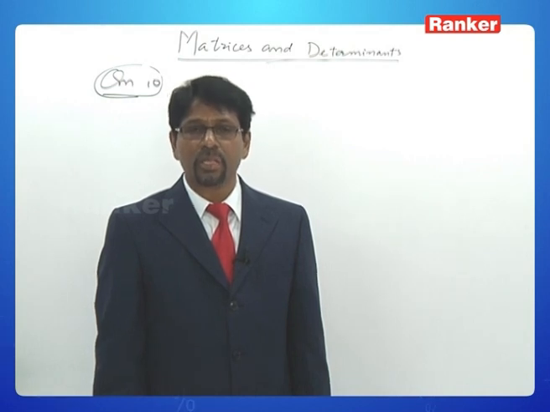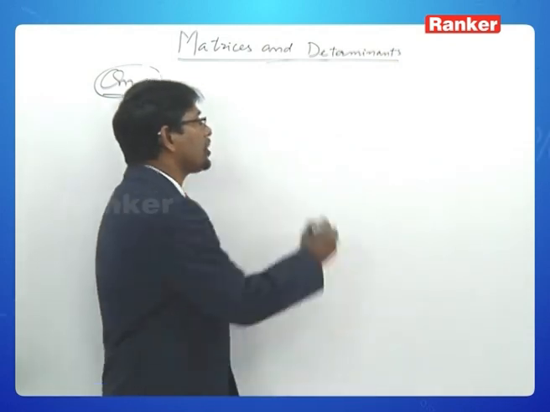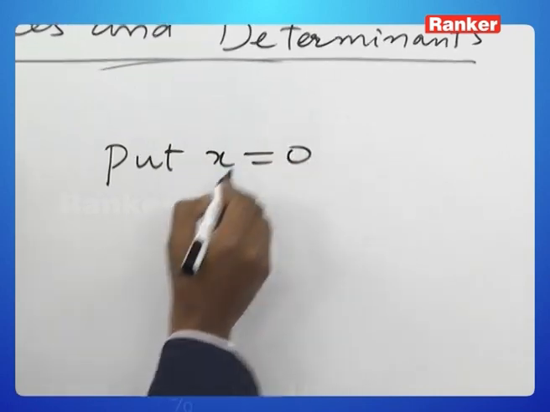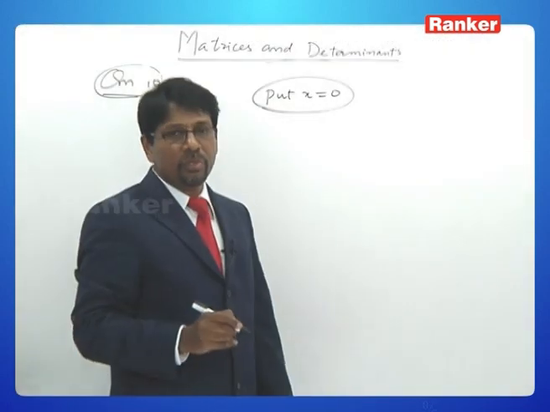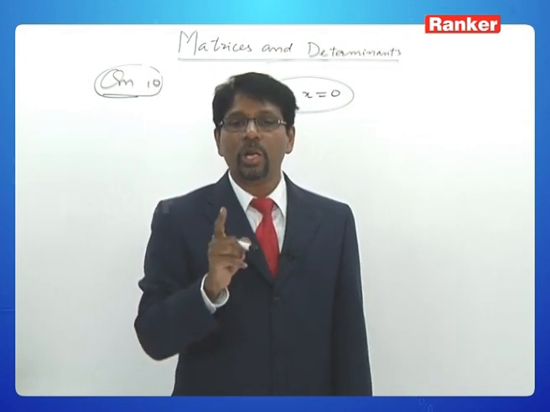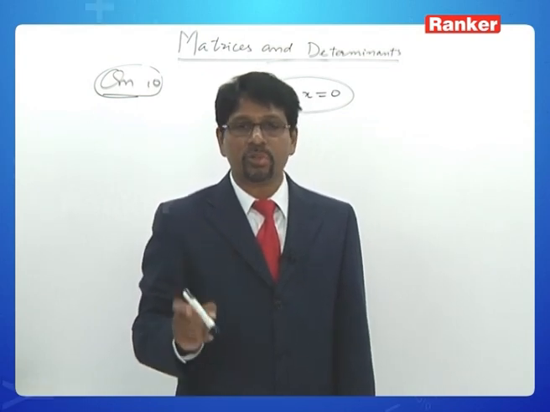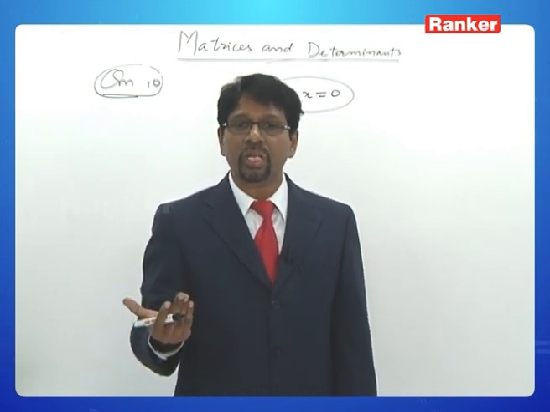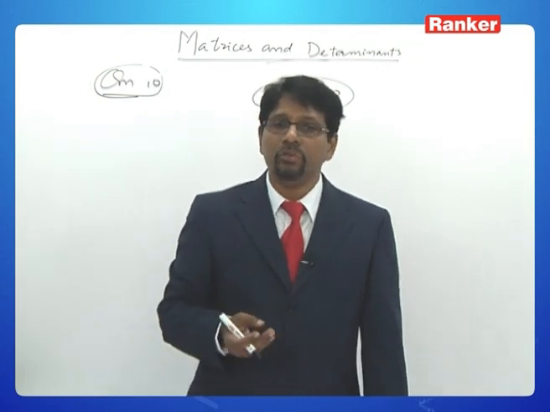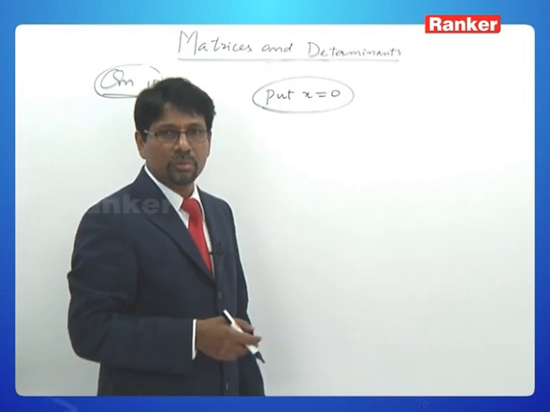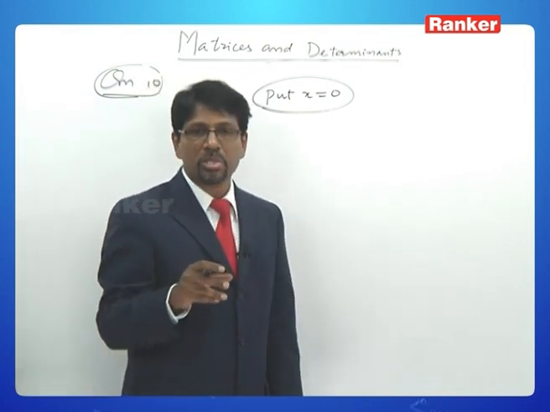So what we'll do is give a simple value for x. I'll put x as 0. Now we have to be careful in doing so. I could do this because all the options were independent of x. No matter what the value of x, we will always get some constant determinant value. Why 0? We can use anything, but that will make most of the entries 0.